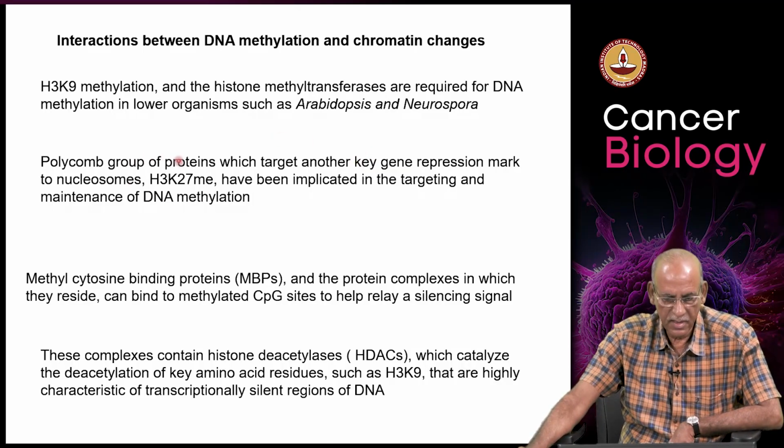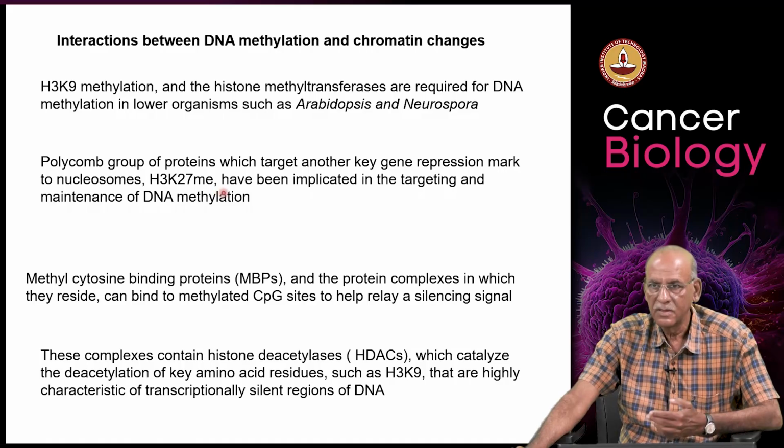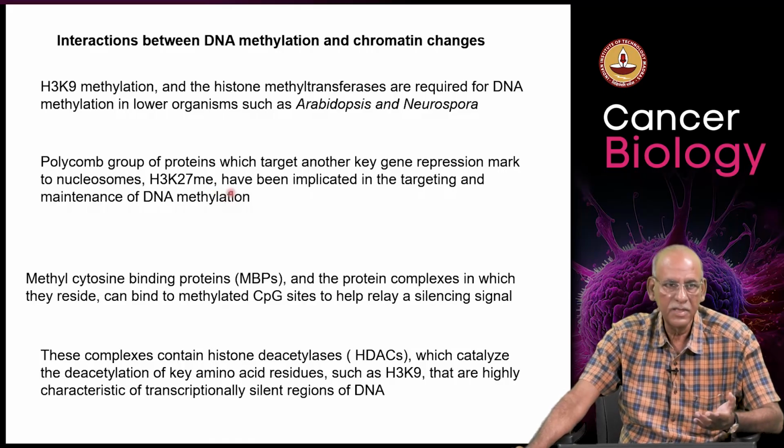You remember the repression marks H3, K27, Me. Me refers to that methyl group. If it is simply Me, it means only one methyl group is there. Me2 means two methyl groups. Me3 will refer to three methyl groups.